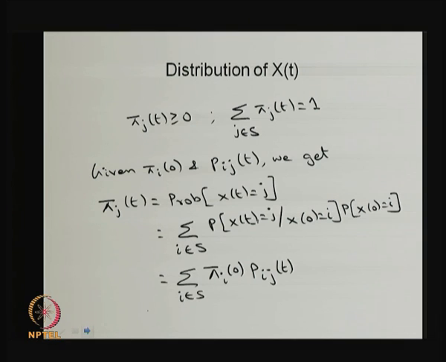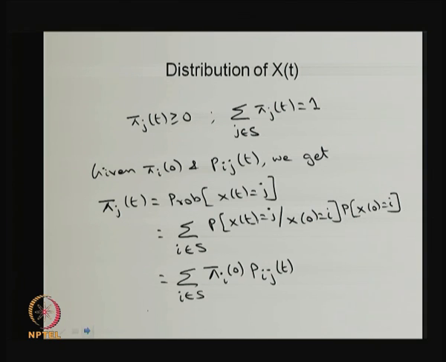If I know the initial state probability vector with the entities pi i of 0, as well as the transition probability of the system moving from the state i to j from 0 to small t, I am able to find out the probability mass function of the system being in the state j at time t. That is pi j of t, the same as the probability that X of t is equal to j. I can make a summation with a conditional: what is the probability that the system will be in the state j at time t, given that it was in the state i, multiplied by the probability that the system was in the state i at time 0, for all possible values of i in S, the state space.